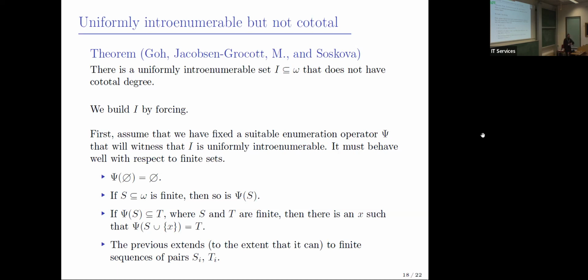It's easier to define psi differently and the consistency is automatic. This extends to any finite sequence of pairs that aren't logically impossible. Okay, so we want this nice enumeration operator, and we're just going to fix that, and that will witness uniform introenumerability.